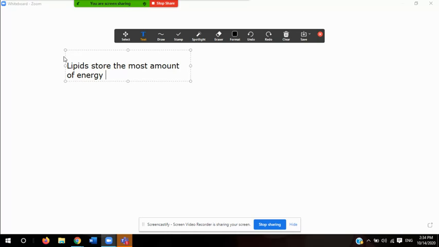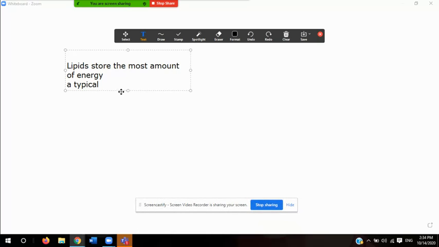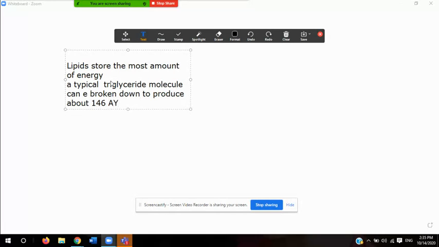A typical triglyceride molecule, which is a type of lipid, can be broken down to produce about 146 ATP molecules.